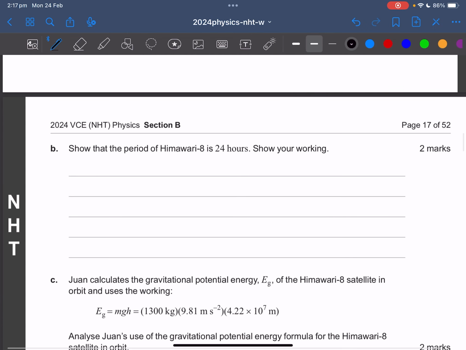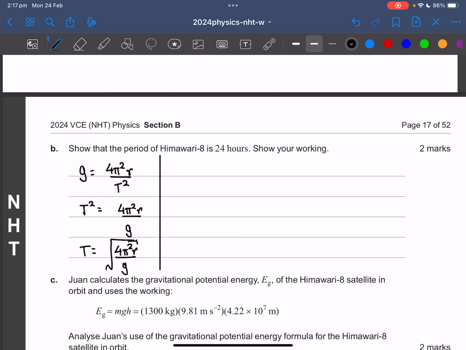Show that the period of Himawari 8 is 24 hours. Show your working. In that case, we know that g = 4π²r/T². So T² = 4π²r/g, and T is the square root of the whole thing, 4π²r/g.